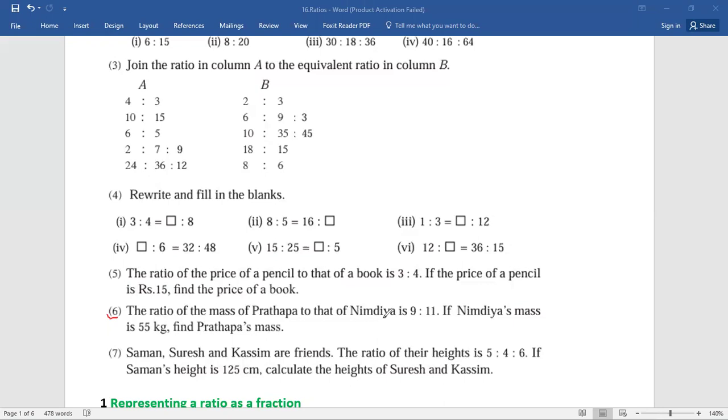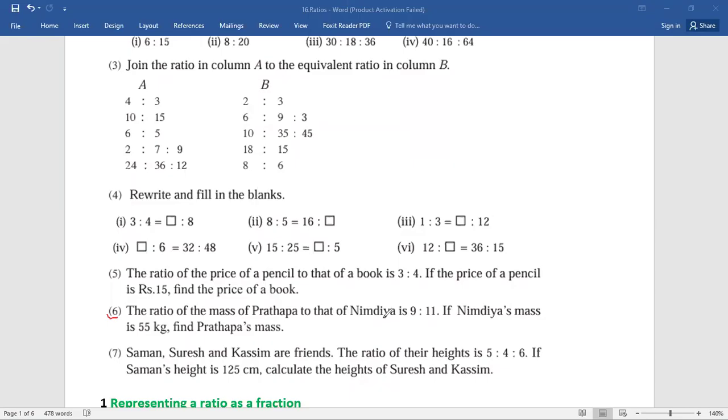We know 5 parts is 125, so we have to divide 125 by 5 to obtain the height of one part. 125 centimeters divided by 5 gives you 25 centimeters. So one part relates to 25 centimeters. If you know one part, you can find 4 parts and 6 parts.